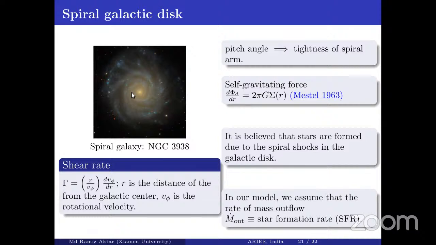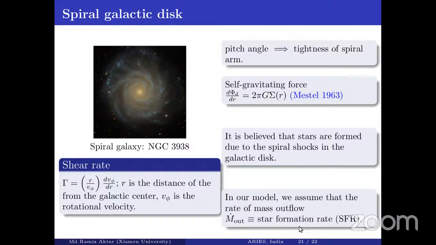Using these two quantities, we can calculate, or also predict, the star formation rate for various galactic sources, especially spiral galactic sources. For this source, I remember the pitch angle is around 16.9 degrees or so, and the shear rate is 0.74. I have already calculated the m dot out, or the star formation rate, for this particular spiral galaxy, and it is around 10 solar masses per year.